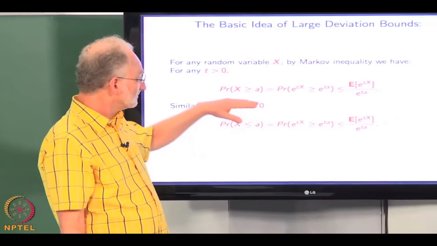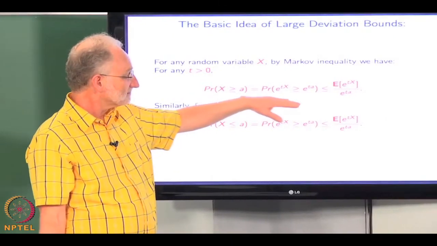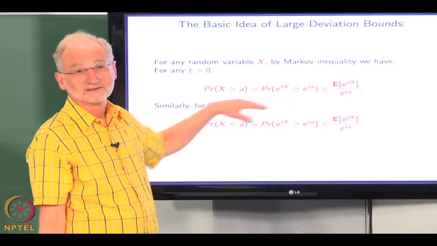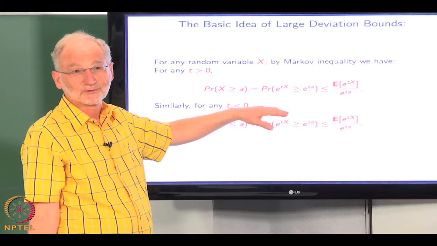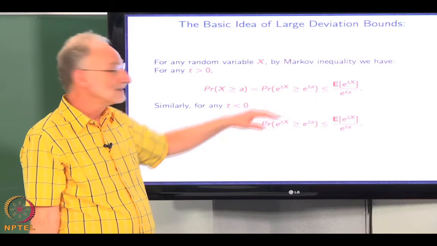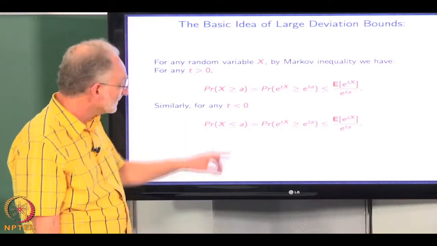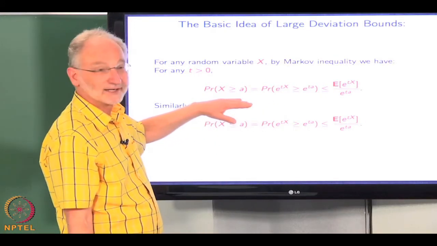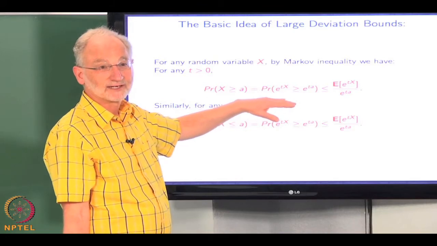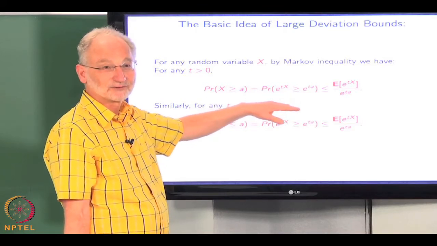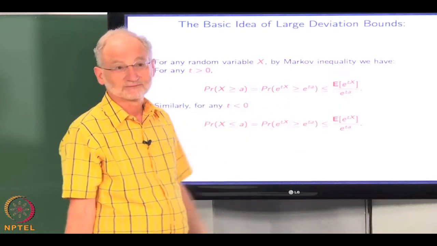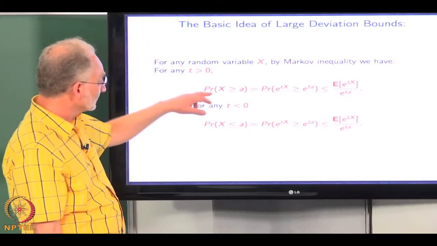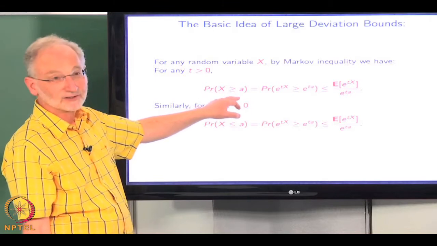Now, if you look at it, that's equality, so we didn't do anything other than write it in a more complex way. As it happened, this jump from looking at the random variable to looking at the exponent of the random variable has a very deep meaning that we're going to discuss in a second. And this gives very strong bounds. Now this is for the question whether x is greater or equal to A.